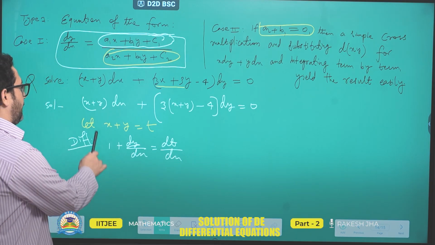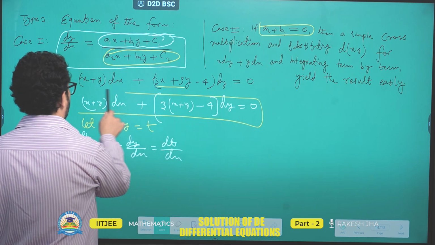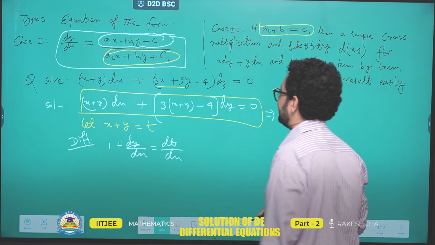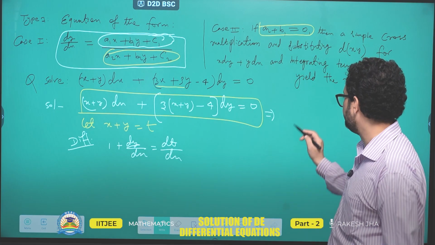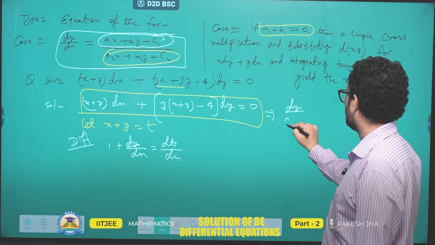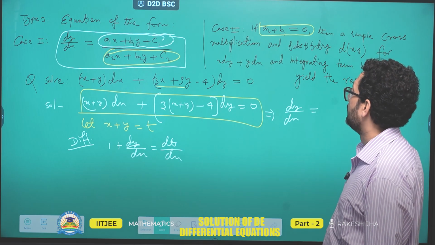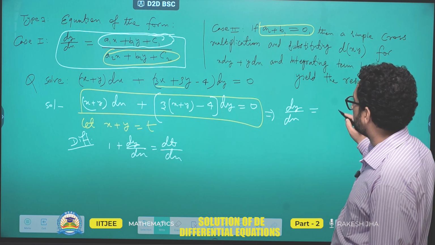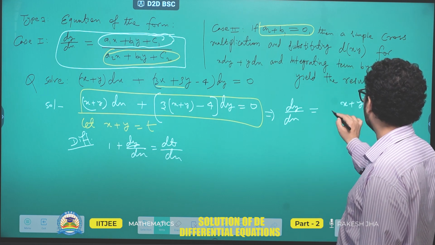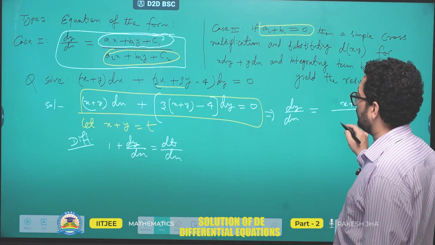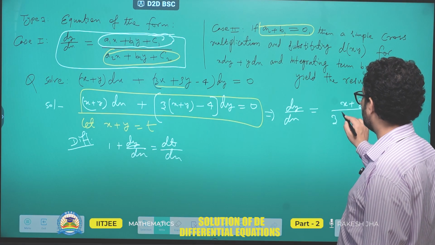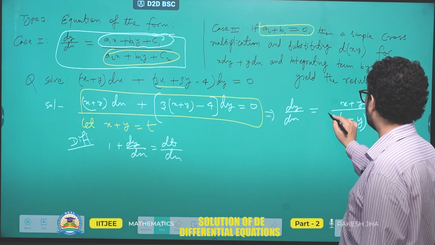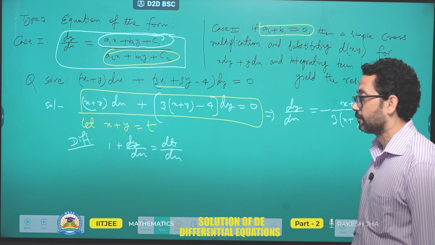So first of all we will arrange this given differential equation in this form, implies that dy by dx can be written as x plus y upon 3 within bracket x plus y minus 4, and here also we have the negative sign.